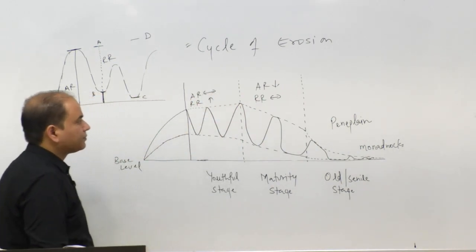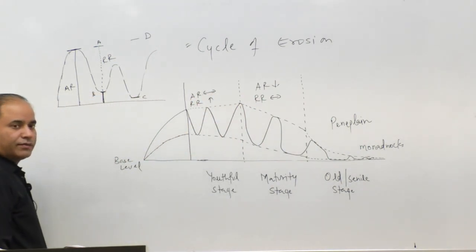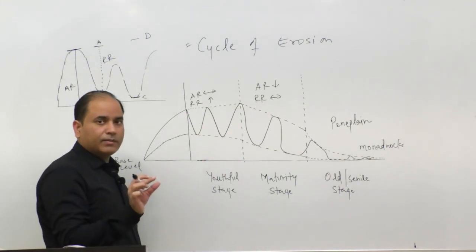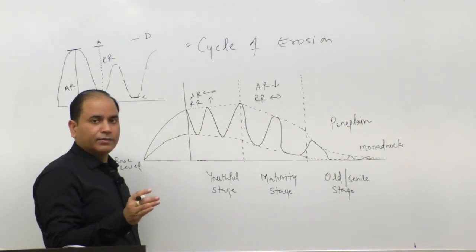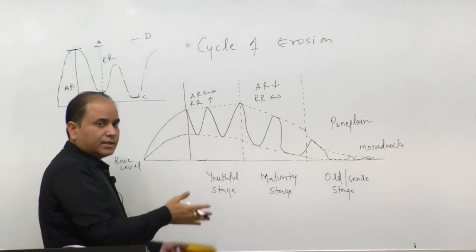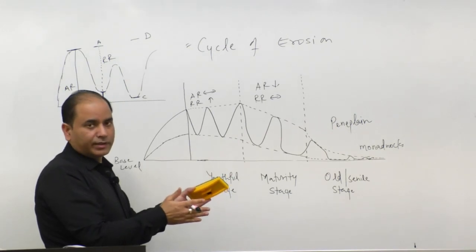So almost in the youthful stage, the valley will be a V-shaped valley, very deep, very narrow. So in the youthful stage, valley deepening will be more effective.